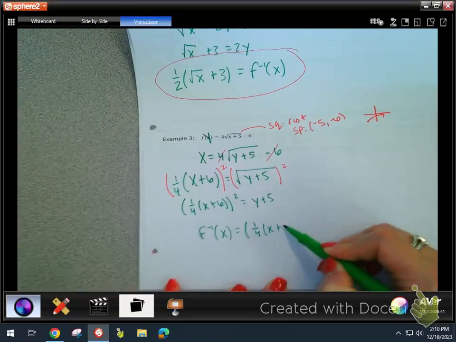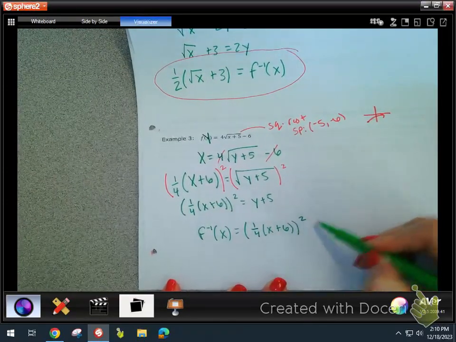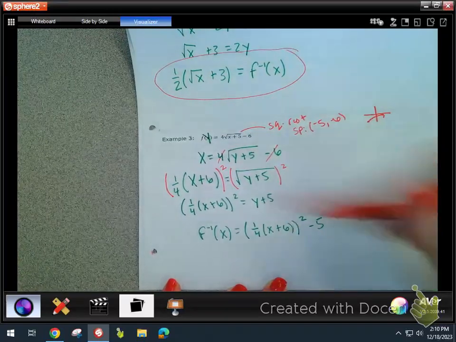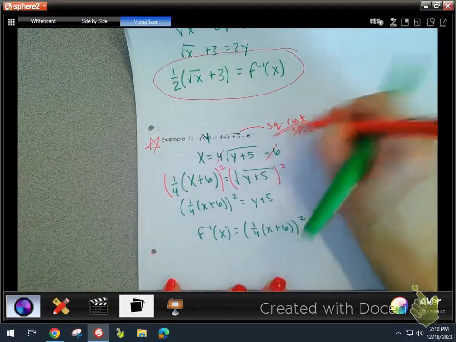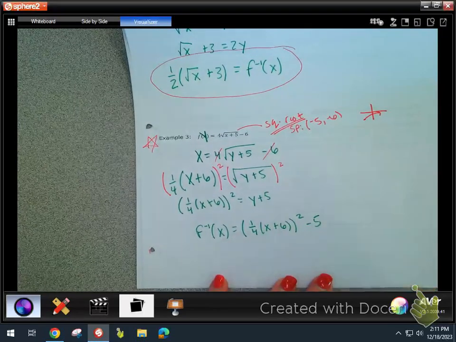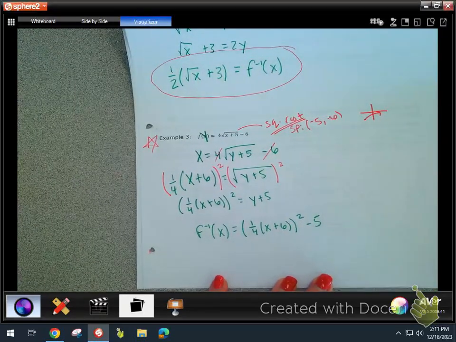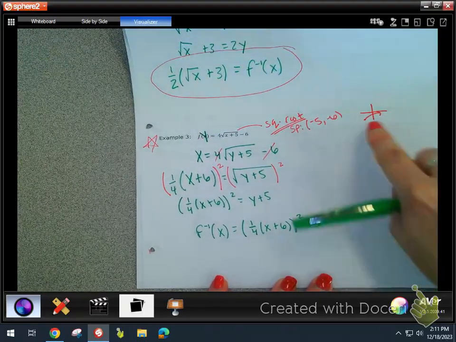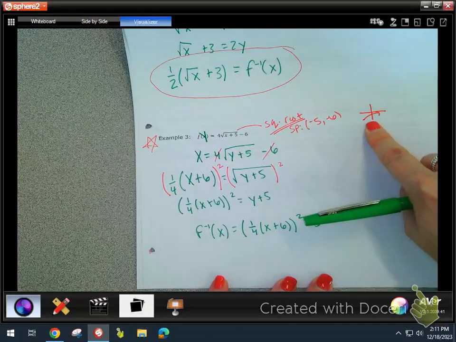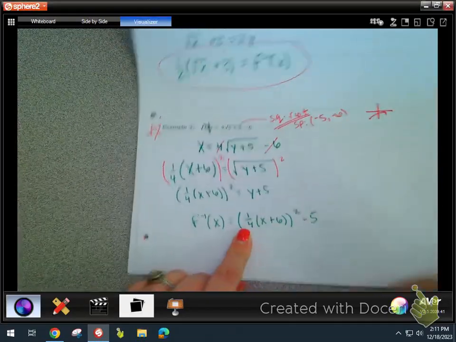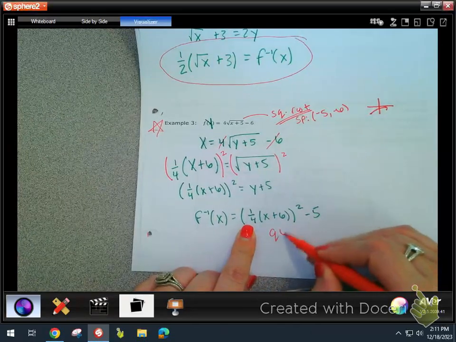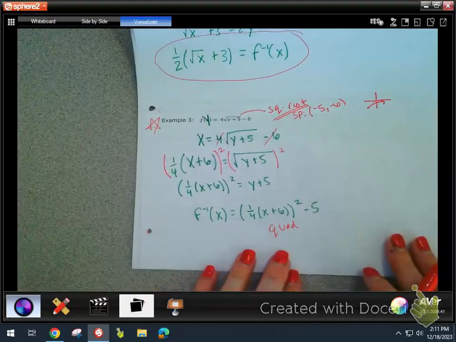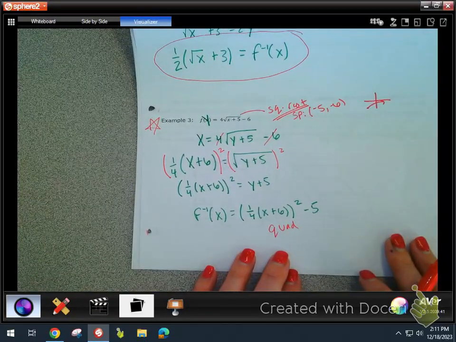There is one more thing in these types of problems. So take note of this type of problem. When it starts as a square root, you have a little more work. Because how many branches did our original graph have? 1. What kind of graph do I have here? How many branches does a quadratic have? 2. You can't go from 1 to 2.